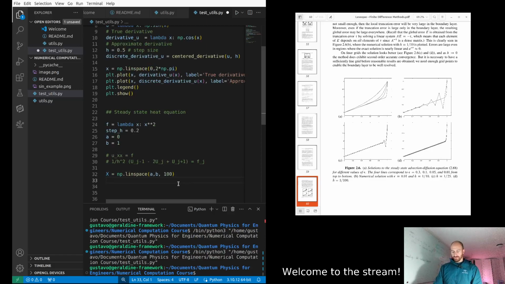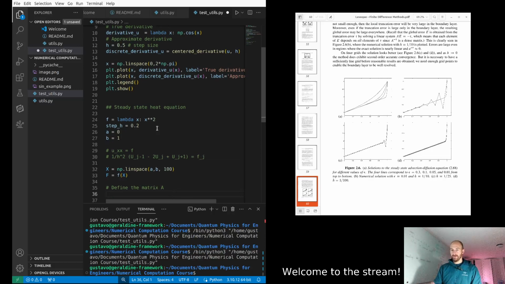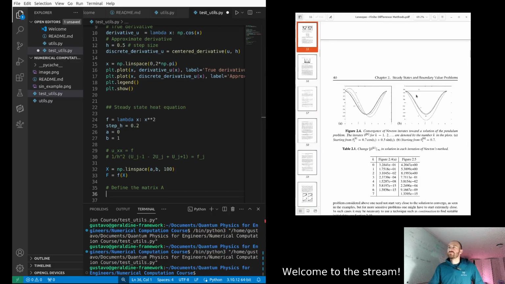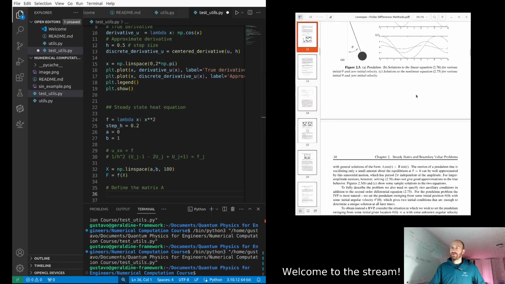Okay, so we partition the points. Let's compute this vector f, which is going to be basically the function lambda, the f that we computed, evaluated on our vector x, and then we need to define the matrix A. And if you guys remember, let's go back to the definition of the matrix A, and it's actually very simple.